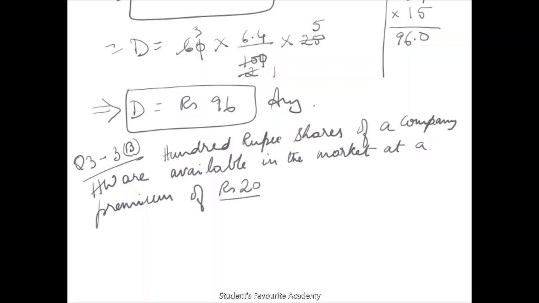So you can find out the market value, because you know 100 rupees as nominal value. So market value is premium of rupees 20. So that means you have to add this 20 to 100 to get the market value.